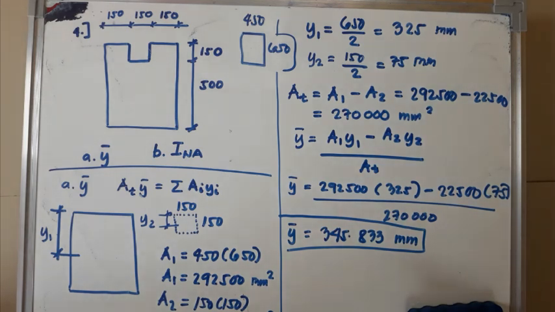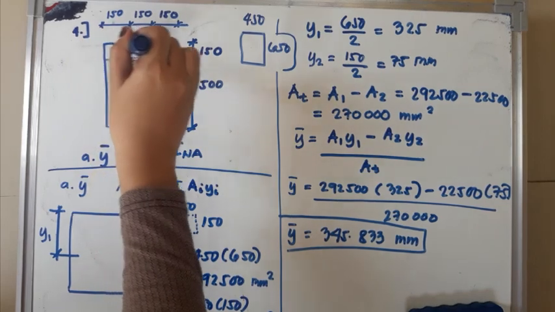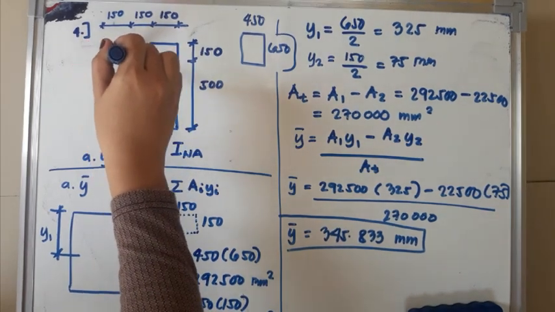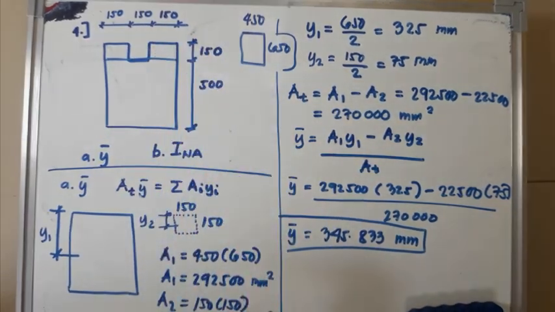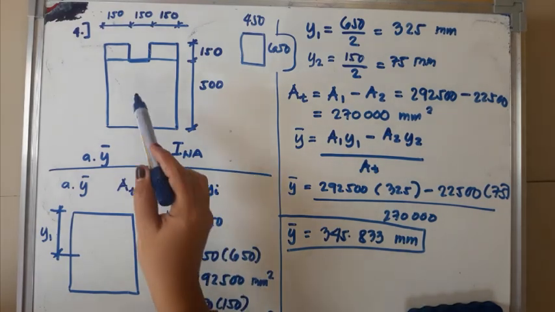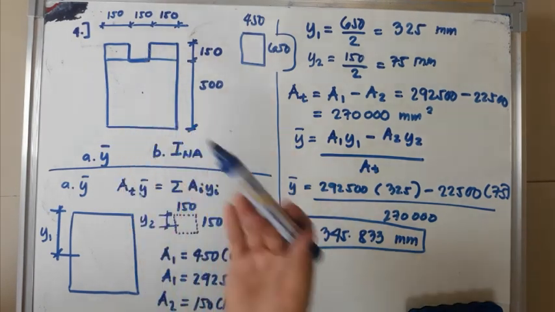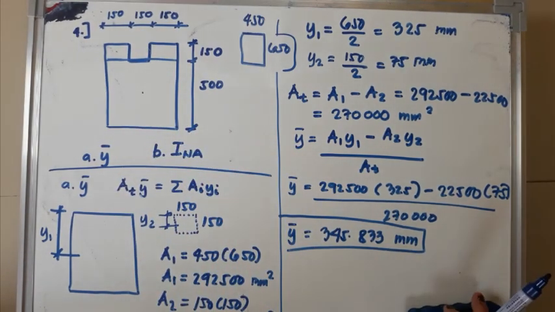You can solve this by using a different process, but then this will give you a longer solution, because if you divide this into areas, you will get 3 areas. So this is area 1, area 2, and area 3. And the solution will be longer.